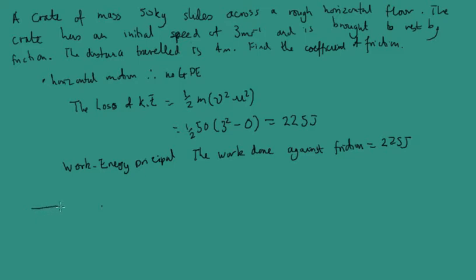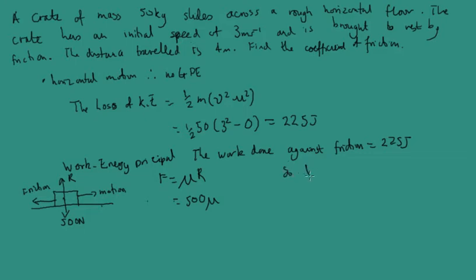So let's think about our crate here. Our weight is 500 newtons, and that's going to be the same as the reaction force because they're perpendicular. And we have the motion in this direction. And there's no driving force. The only thing slowing it down is friction. So friction is equal to the coefficient of friction times the reaction force. So our reaction force is 500 newtons and our friction is what we're looking for. So 500 times mu would be the force of friction.